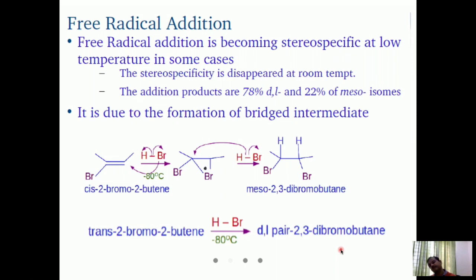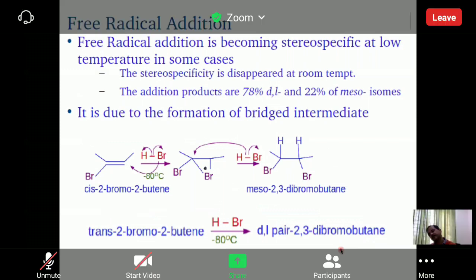This is due to the formation of a bromonium intermediate. If a double bond is there and bromine is there, there is a chance of formation of a bromonium ion intermediate like this.